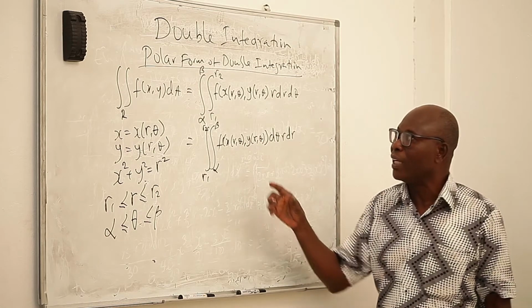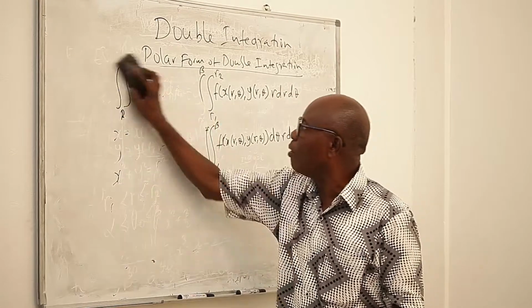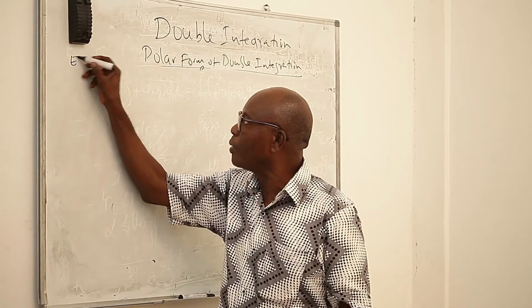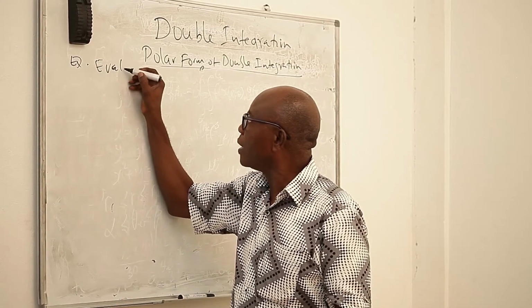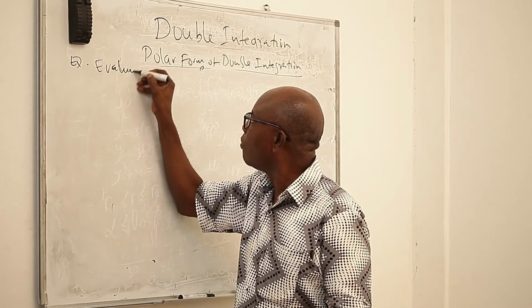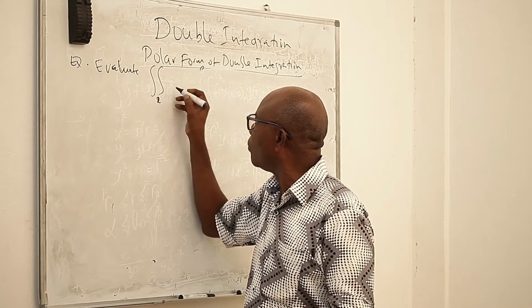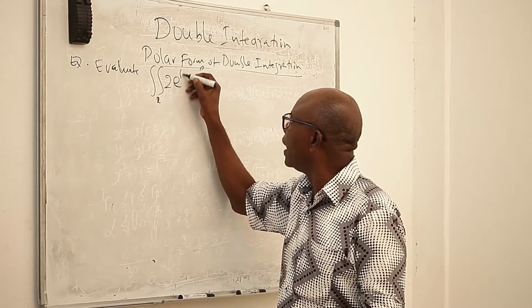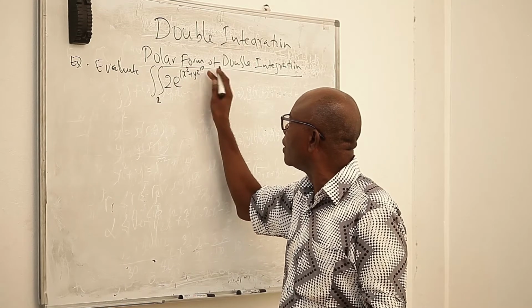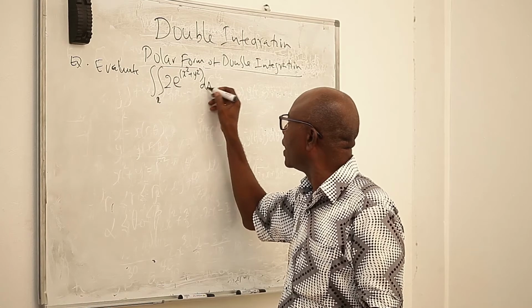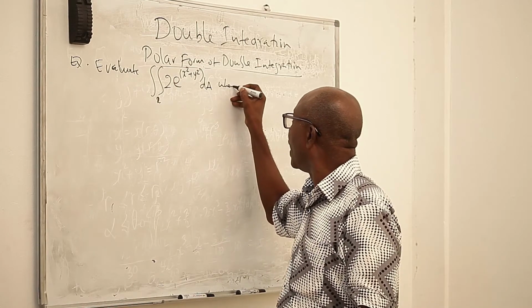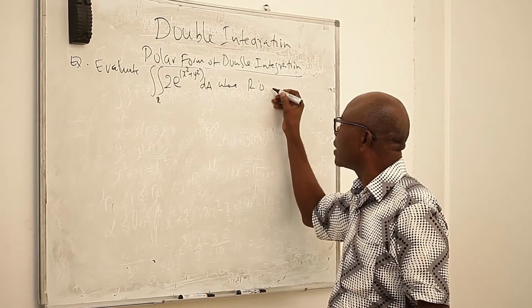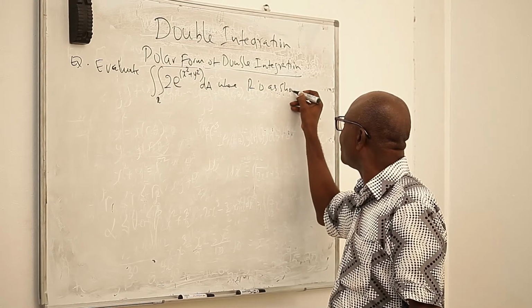Let's take this example: evaluate the double integral over the region R of 2 exponential x squared plus y squared dA, where R is as shown below.